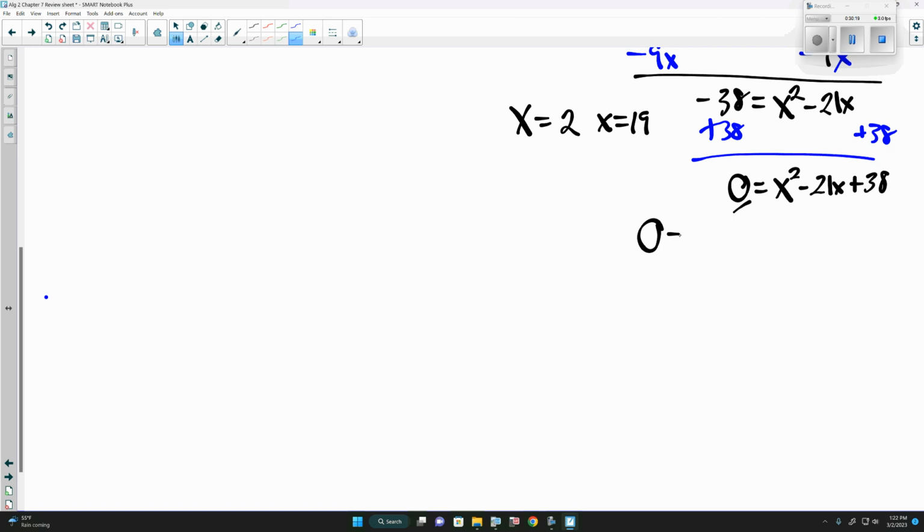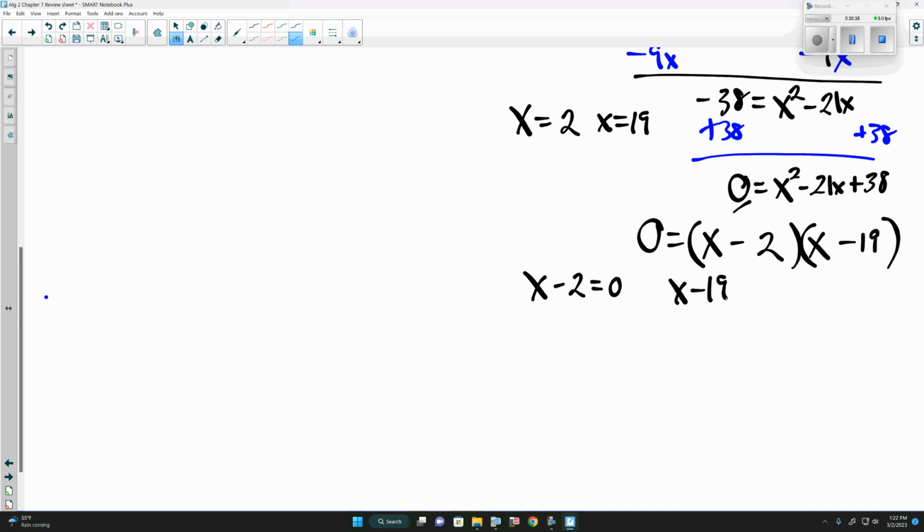Now, if we had factored it, since the 38 is positive, our signs are the same, match the sign of the middle term, minus and minus. Factors of x squared are x and x, and we would have 2 and 19. Now that would tell us that x minus 2 is equal to 0. X minus 19 is 0.